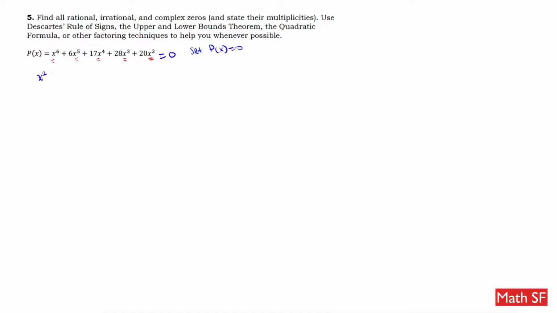You pull the x squared out, and you're left with x to the 4th plus 6x cubed plus 17x squared plus 28x plus 20. They don't have any other factor in common, so the only one that we could find is the x squared. But we have to factor this completely.